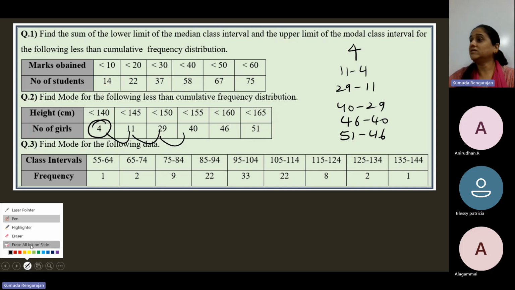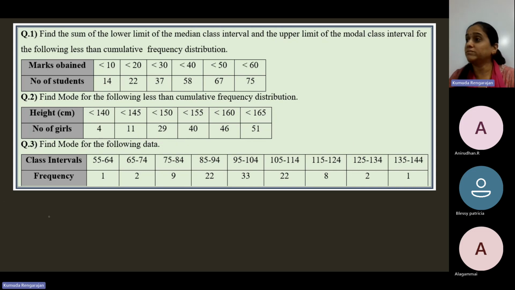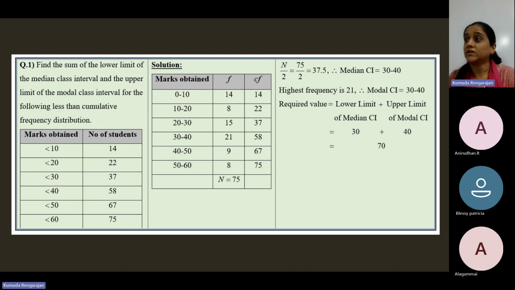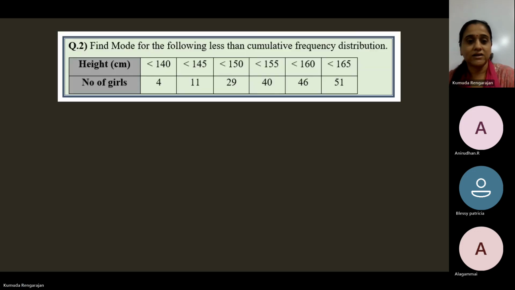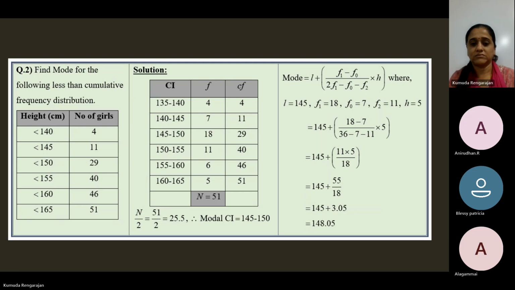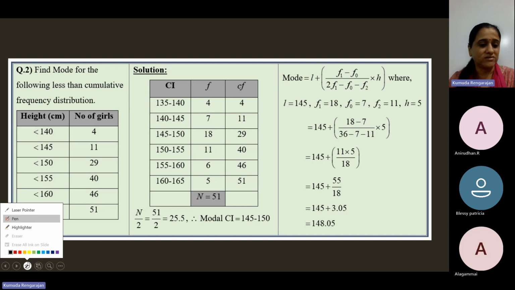Okay, who's got the answer? Bhavishya. Check. Maybe sometimes I go wrong in typing. Let me see. Why have I done n by 2? Just ignore it.